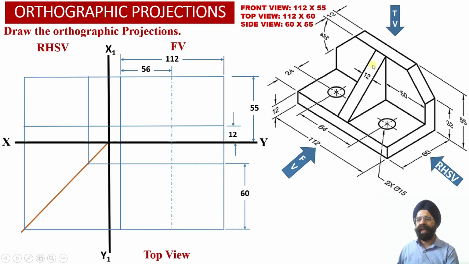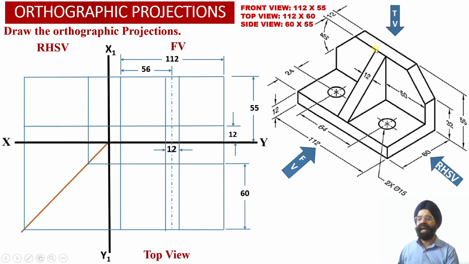Now we know that the width of this triangular inclined web, which is located centrally on top of this horizontal web, is equal to 12 millimeter. So from the center line we have taken an offset of 6 millimeter on either side, and we have marked this distance of 12 millimeter corresponding to the width of this inclined triangular web.